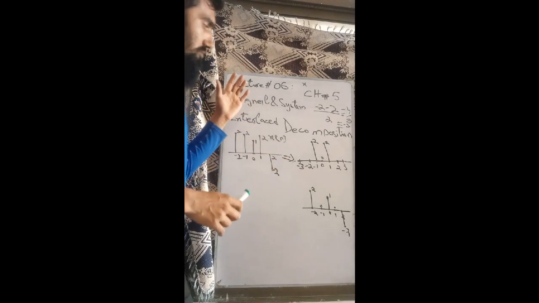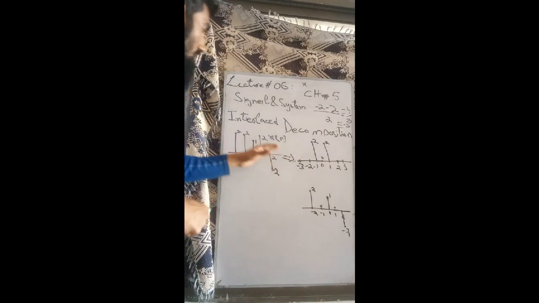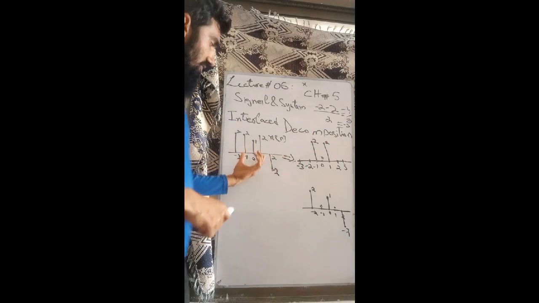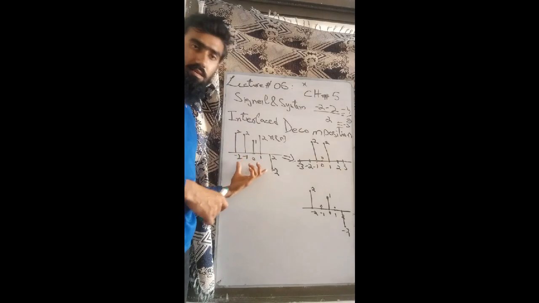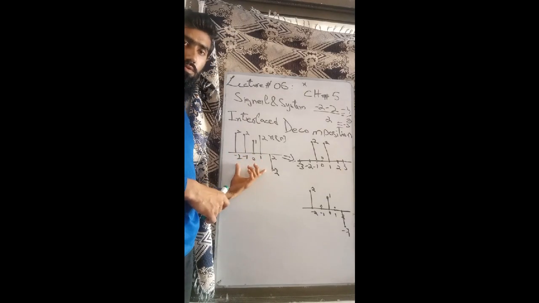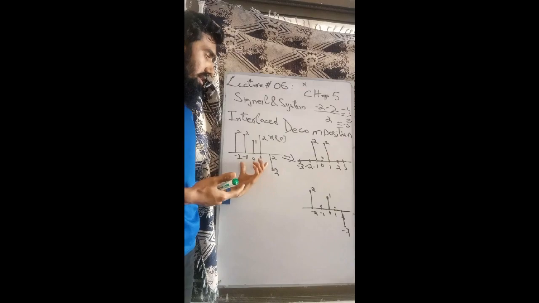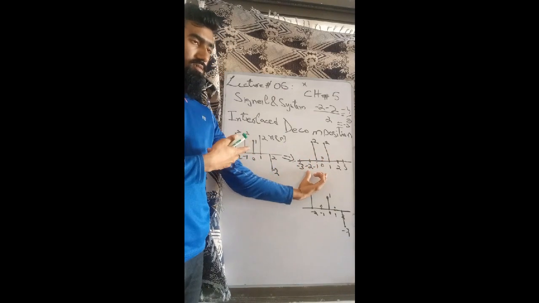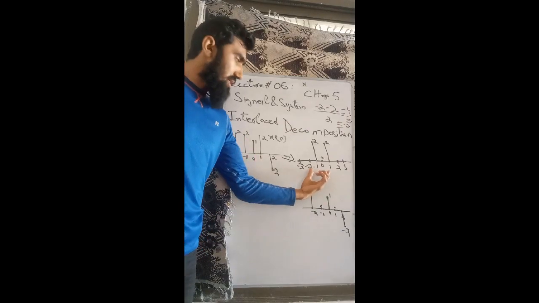So what we have done here in interlaced decomposition is, first we take the value of even indexes as 0 and write the modified form of the complex signal.